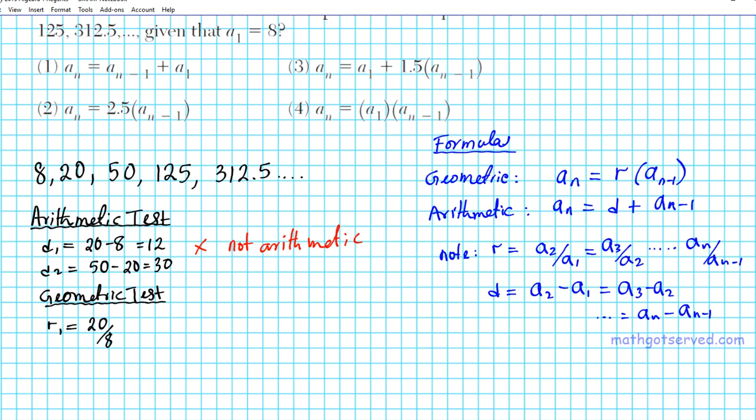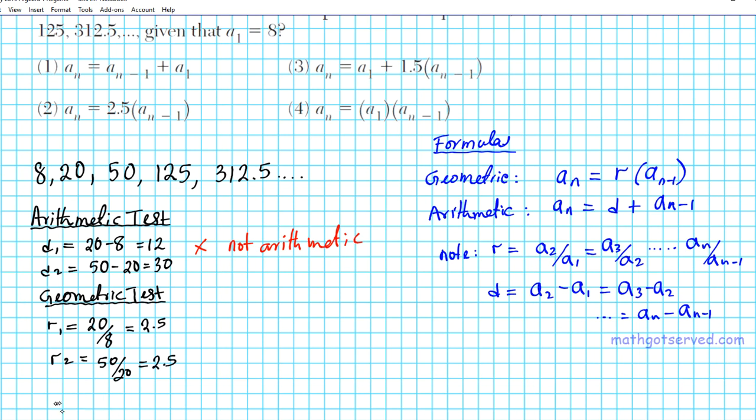You could do that with your calculator. So 20 divided by 8, you could divide by 4, so you have 5 over 2, which is 2.5. And then ratio 2, divide 50 by 20. 50 divided by 20, that's another 2.5.